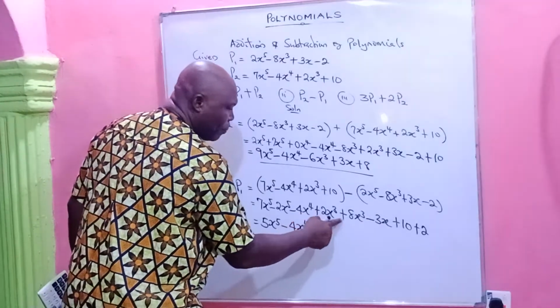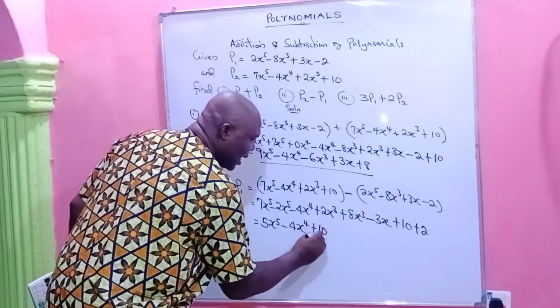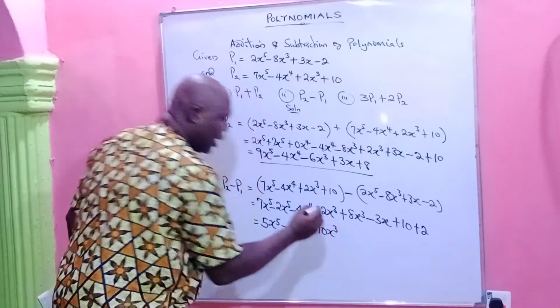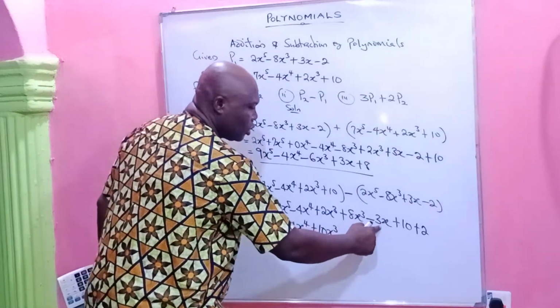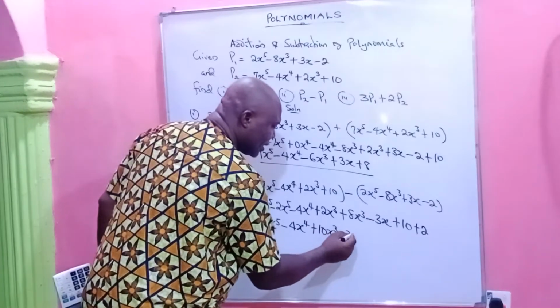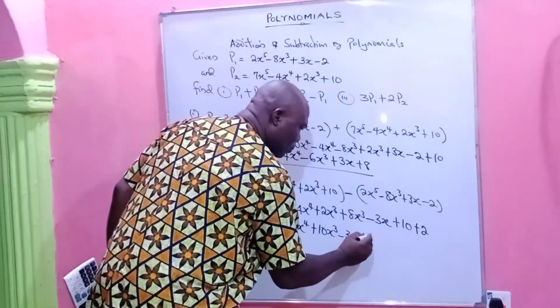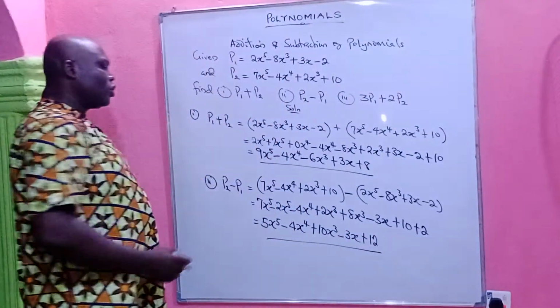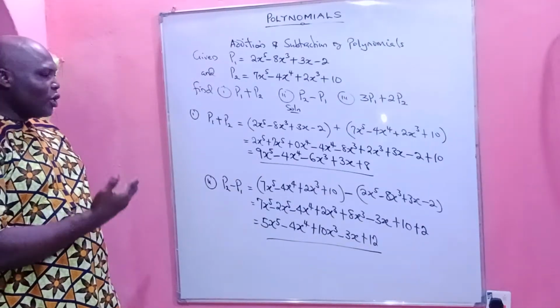So 2 now plus 8 will give us 10. That will be plus 10x raised to power 3. We are done with that. And then we don't have squared. We only have x, so we have minus 3x. And then we can now have 10 plus 2, which is plus 12. So we've been able to subtract the two polynomials.